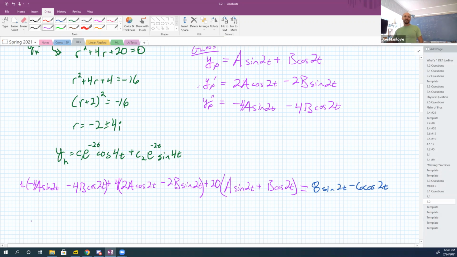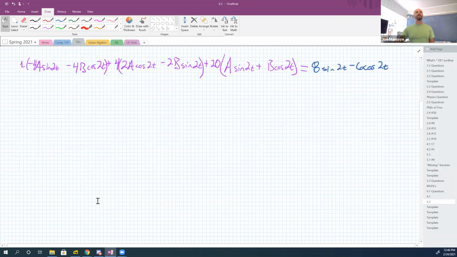All right, so now we need to multiply out a little bit. So let's do some kind of careful collection of terms here. All right, so I'm just going to do this a little bit quick, but I'm looking for sine of 2t's. Where am I going to get sines of 2t's? I got some right here, I got some right here, and I got some right there.